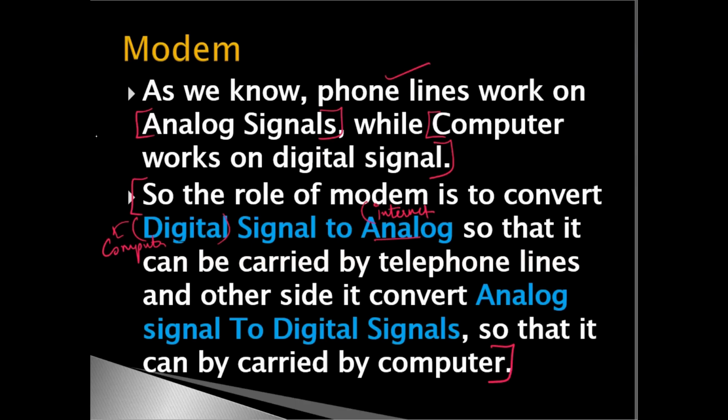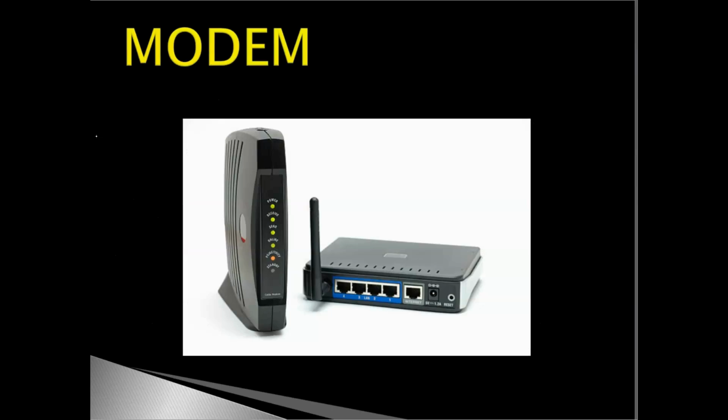This digital signal is converted to analog signals so that it can be carried by the telephone lines very easily. When it reaches the destination on the other side, it again converts that analog signal to the digital signal, the original form, so that the computer is able to understand. Let us see the modem picture. This is the picture of the modem we have in our home.